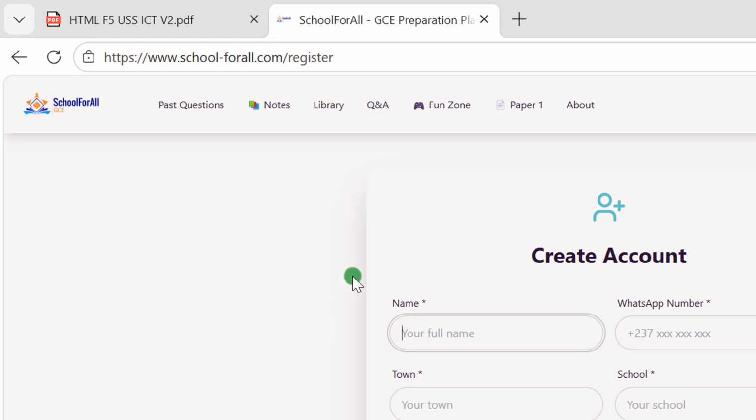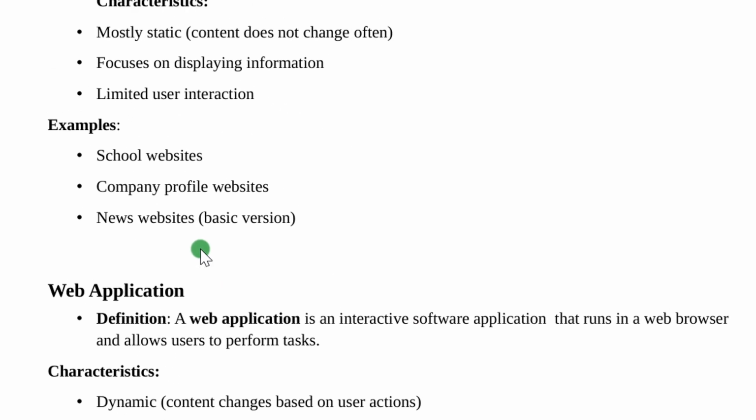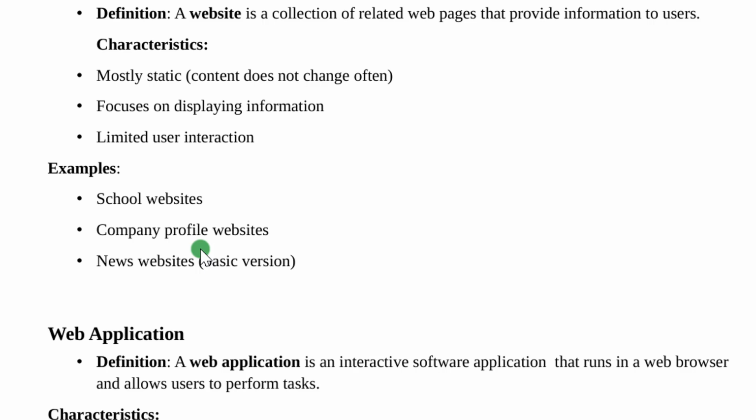Good. And maybe if there's any WhatsApp contact, you can take the contact and call the person directly. Good. But if by the moment on that website you are already interacting by sending a message directly through the website, it's a web application. Good. So when it's an interaction, it's a web application. But when it's no interaction, like you are just viewing the content, that's a website.